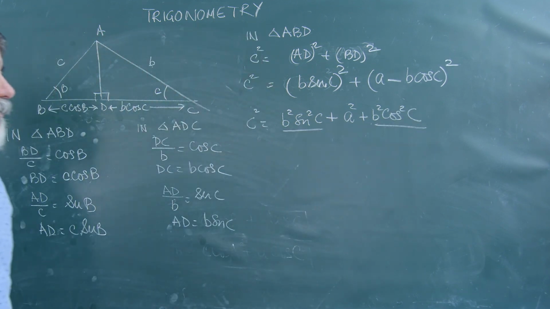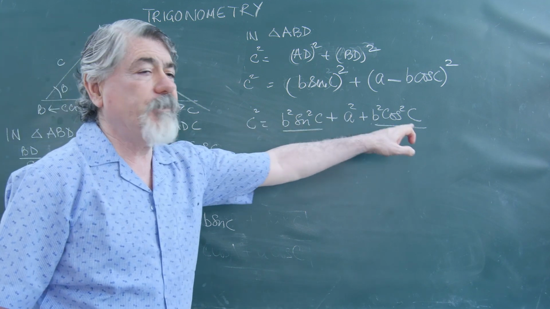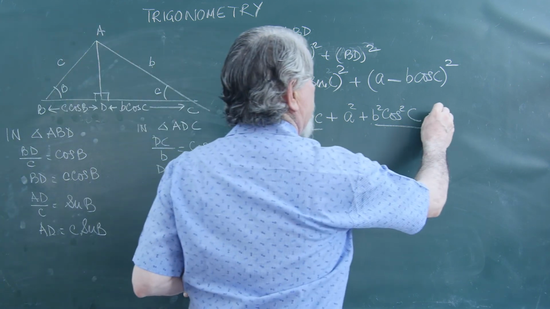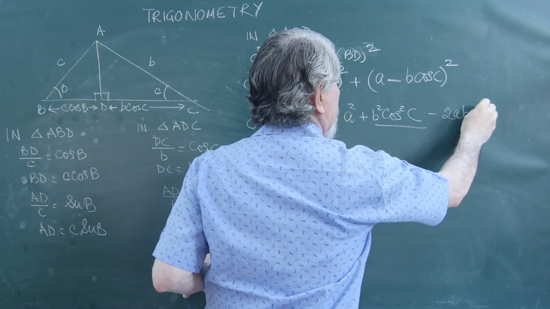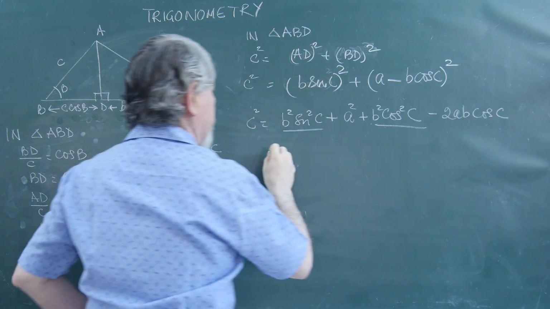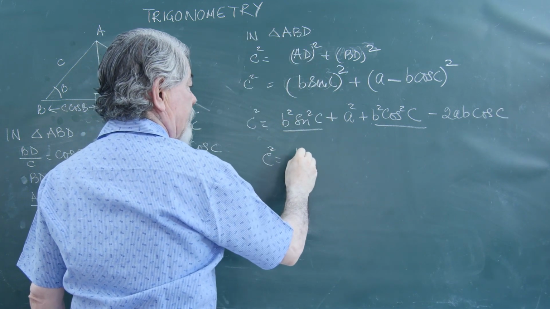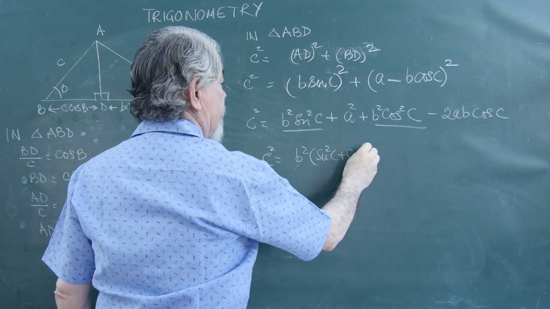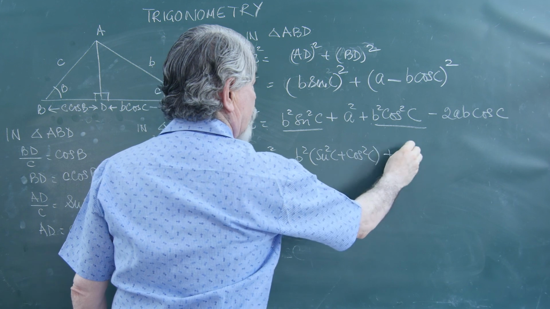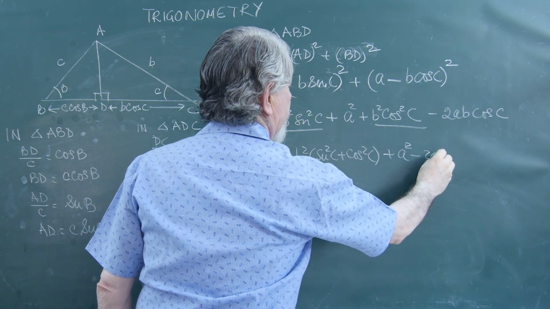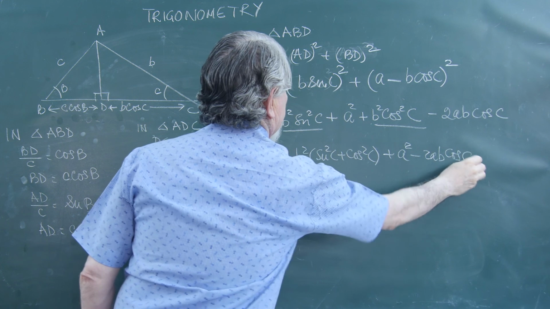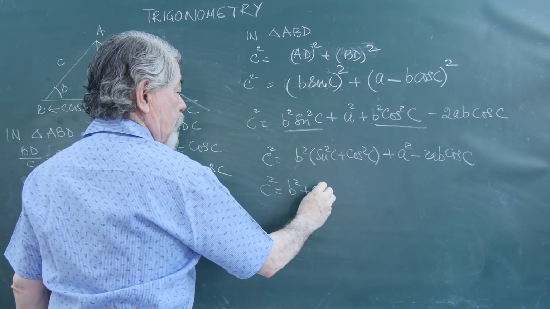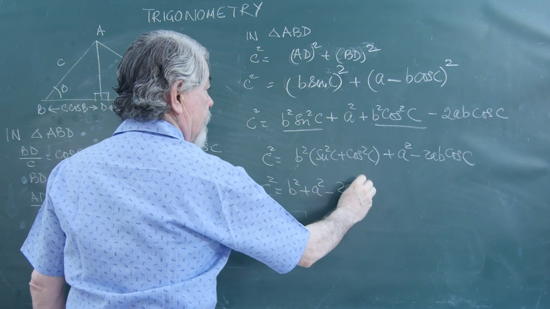It will give you B square, since sine square C plus cos square C becomes 1. It will become C square is equal to B square plus A square minus 2AB cos C.